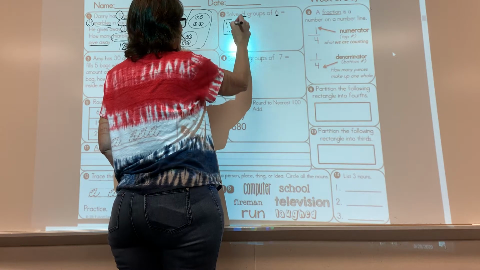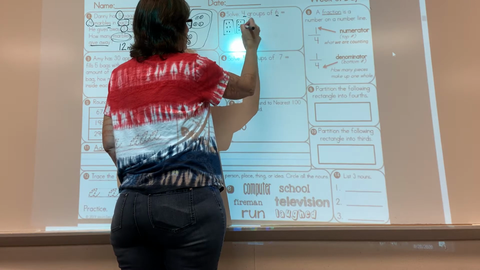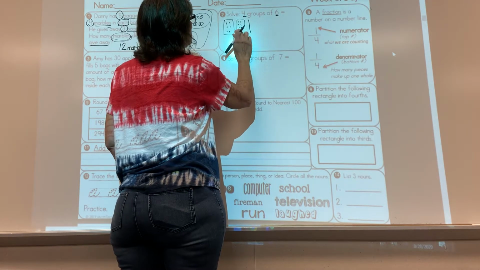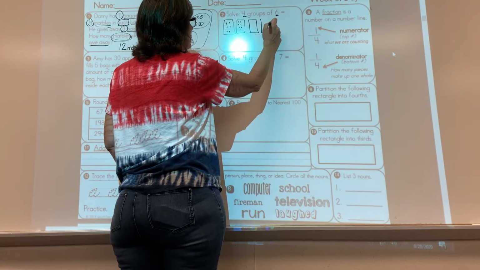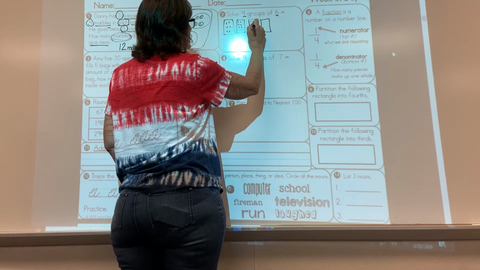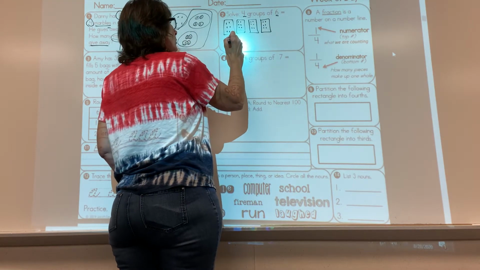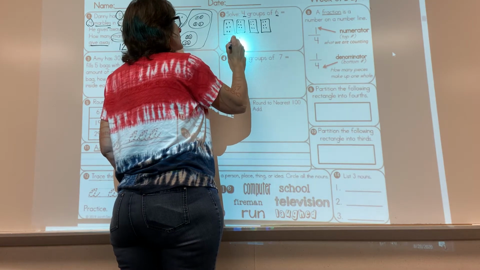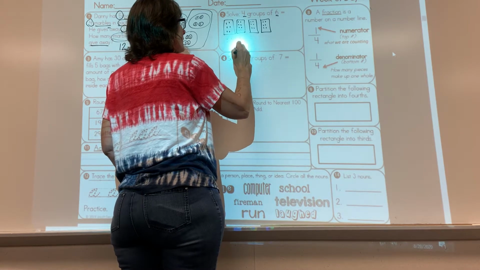An array is equal rows. So if I have 4 groups of 6, that's 1, 2, oh, I put too many there, 3, 4, and I have 6 in each one. Or I could do 1, 2, 3, 4, and then put 6 in each row to make an array.